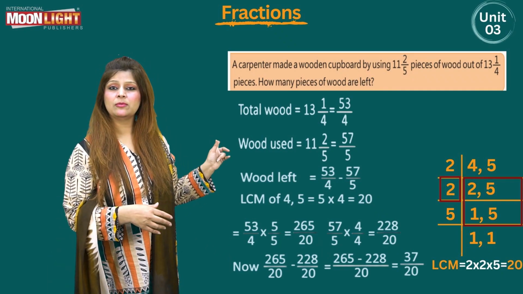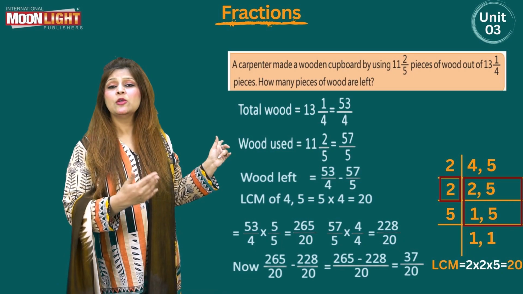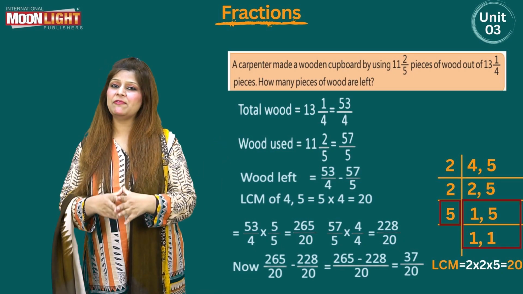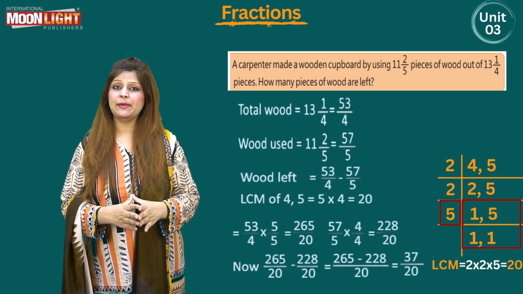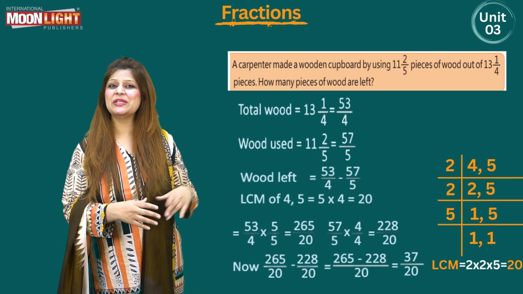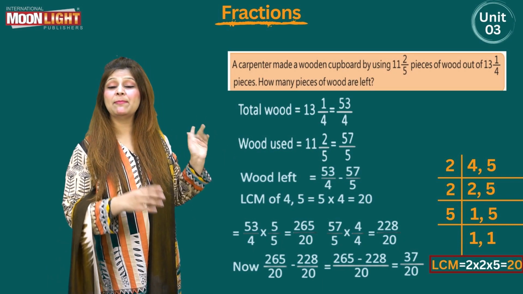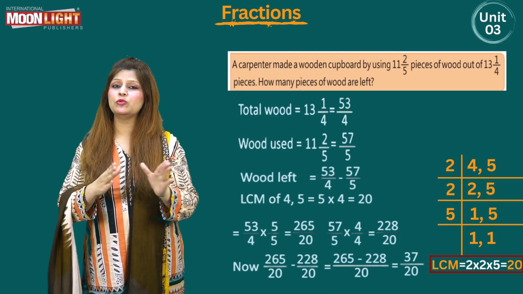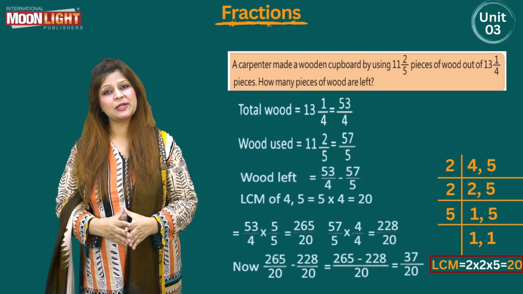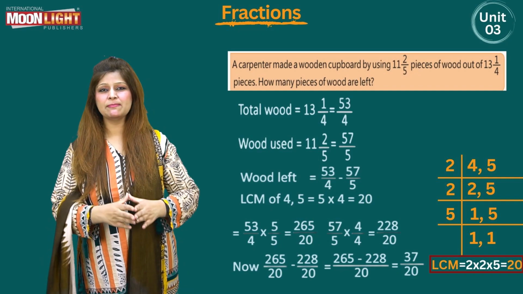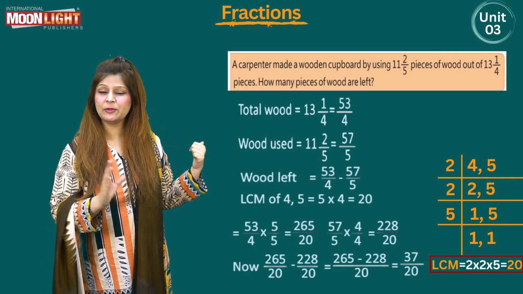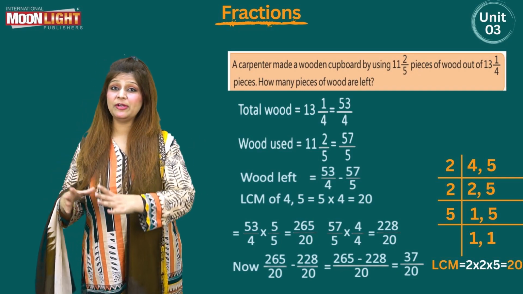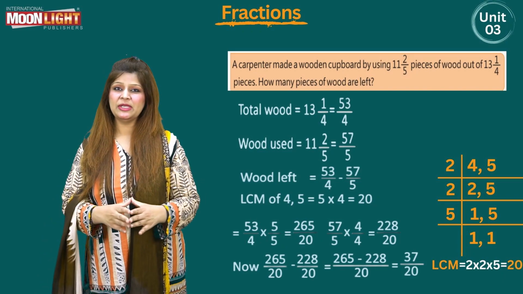Now dividing by 5, 1 will come as it is and 5 ones are 5. Now, what is the LCM? LCM is 2 multiplied by 2 multiplied by 5. So 2 2s are 4 and 4 5s are 20. So this is my common denominator. I'm going to make them equivalent fractions with the denominator 20.